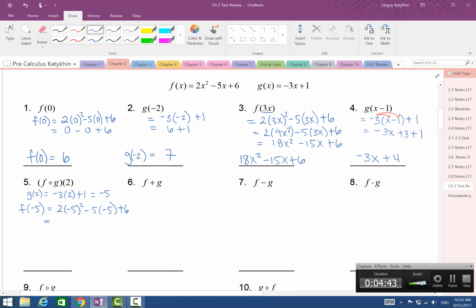This allows me to use order of operations, which gives me 2 times 25 minus 5 times negative 5 plus 6. That in turn gives me 50 plus 25 plus 6. So 50 plus 25 is 75. 75 plus 6 would be 81.